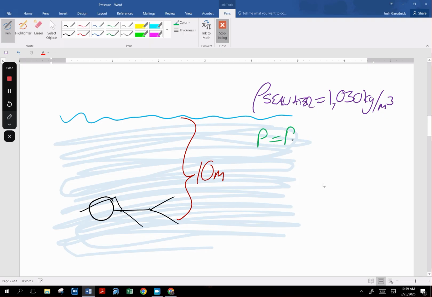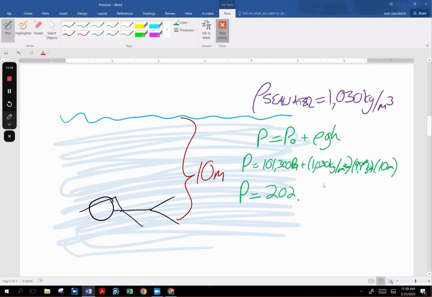The pressure in this case is going to be our atmospheric pressure above us, 101,300 pascals, plus the gauge pressure, which is the density of seawater in kilograms per meter cubed, times 9.8 meters per second squared, times the depth, which is 10 meters. When you put this all together, the pressure that you are experiencing is 202,240 pascals. That's a lot of pressure.